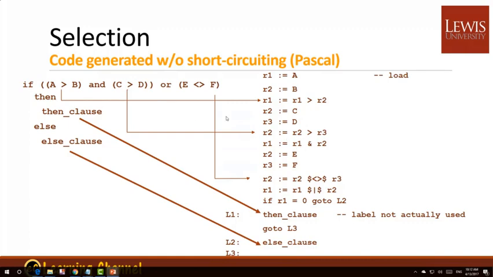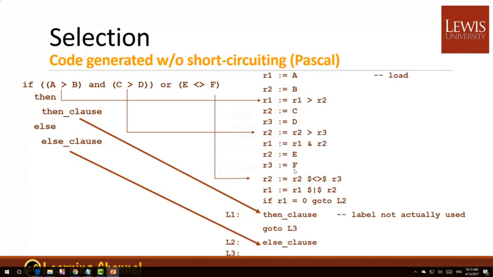And then we calculate the value for register 1 and register 2. The result of these two expressions, we set to R1. So R1 has the result up to this parenthesis.